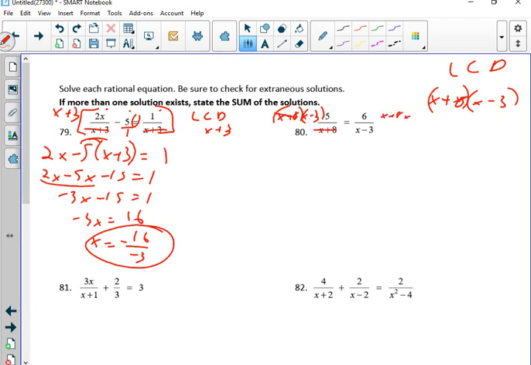What happens here? Those cancel. So what I'm left with is 5 times x minus 3 equals 6 times x plus 8. I will subtract 5x and get x. I will subtract 48 and get negative 63.